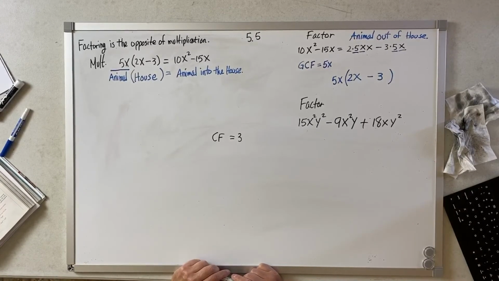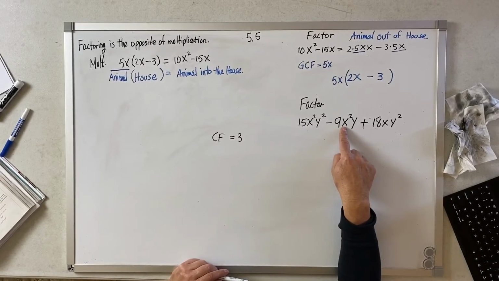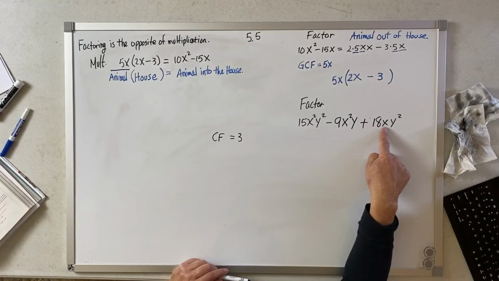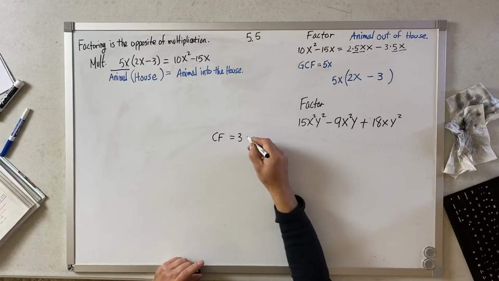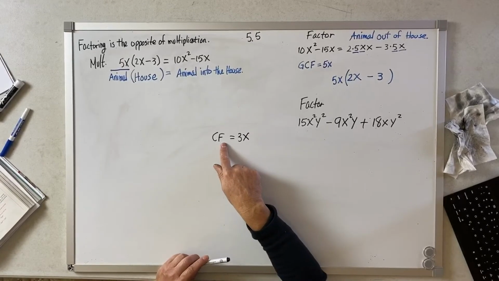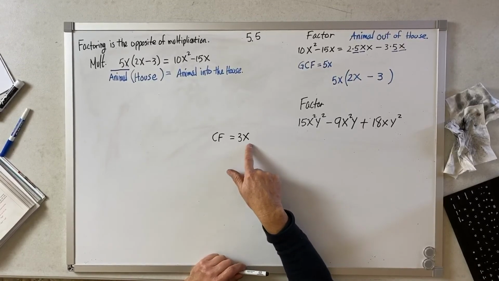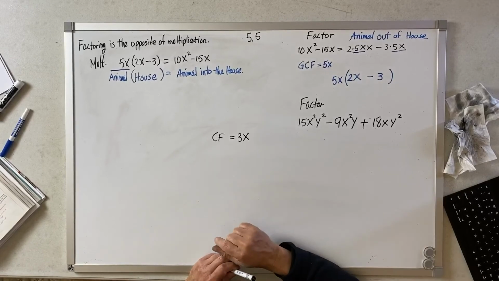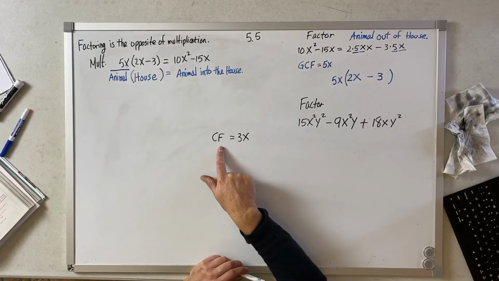Okay. What else do they have in common? This has an x to the second, but this only has an x to the first. So they all have in common x. And so far, it is still a common factor. It's not the greatest. If you just take out a 3x, the answer is incorrect because you did not take out the entire animal. You just took out 3x. And that's only a common factor.